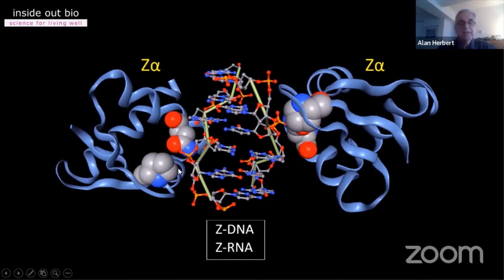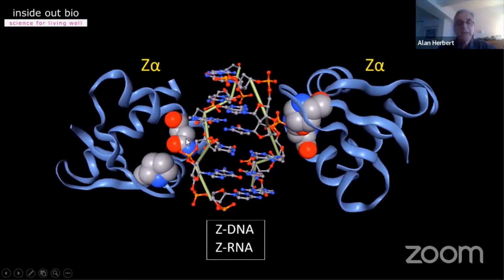And so Z alpha binds to ZDNA in a very highly specific manner, and it was possible to unlock the biology of ZDNA by using the Z alpha variants. And so there are a couple of residues that make very specific contacts with ZDNA, and by looking at variants in these two bases here that exist naturally in humans, and looking at what kind of phenotypes they produced when people had those two variants in the Z alpha domain, it was possible to understand what Z alpha is actually doing in the cell.